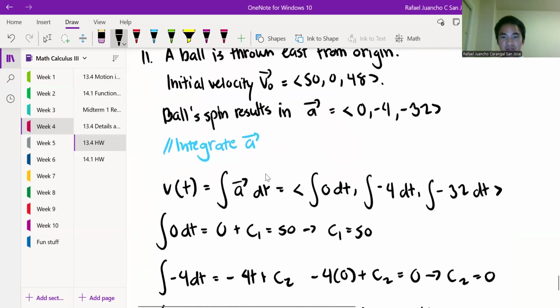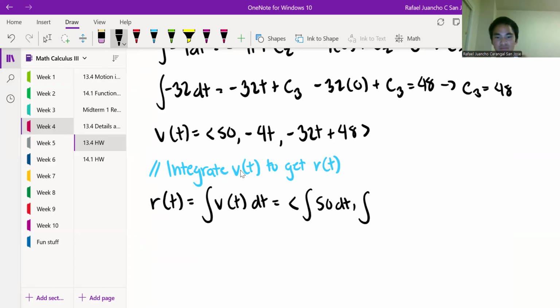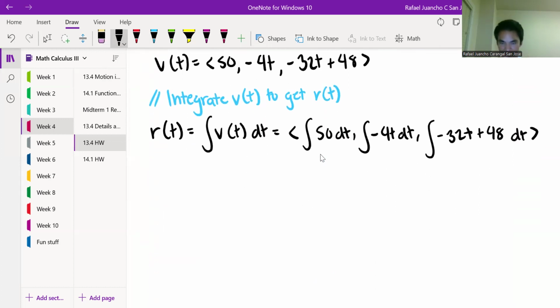So my position vector here is R of t, meaning I integrate my v of t. And here I integrate each of my components. Okay, then from here we do it one by one. So here we get 50t, and I add C1, and this is equal to what?